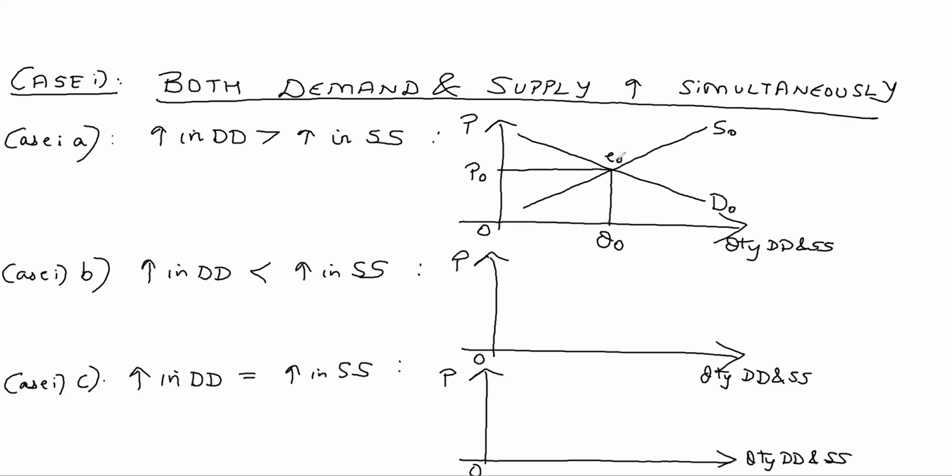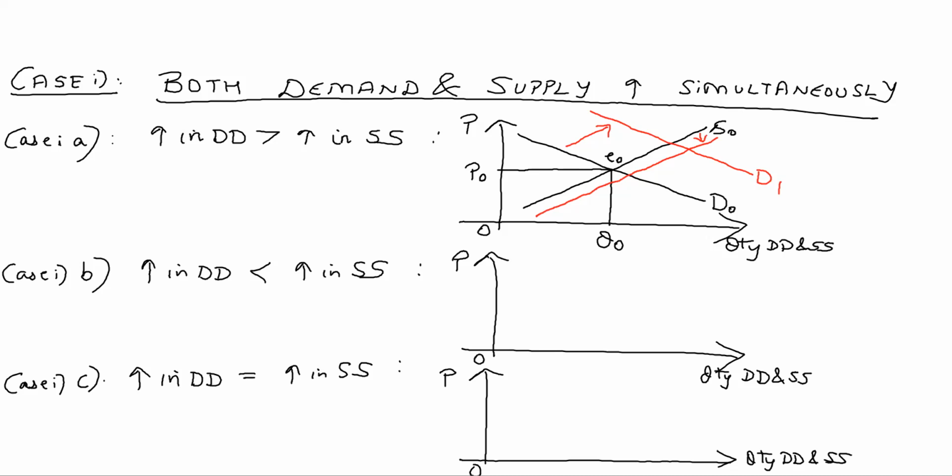Now when demand increases, supply also increases, but increase in demand is more. So you can see that the demand curve is shifting to the right. The supply curve is also shifting, but by a tiny amount. So guys, when increase in demand is more than increase in supply, in net terms, there is increase in demand. So increase in demand will create competition among the buyers.